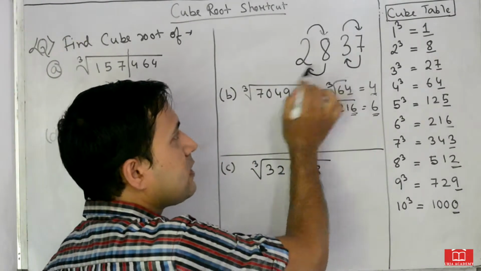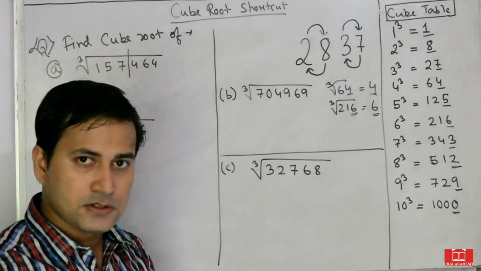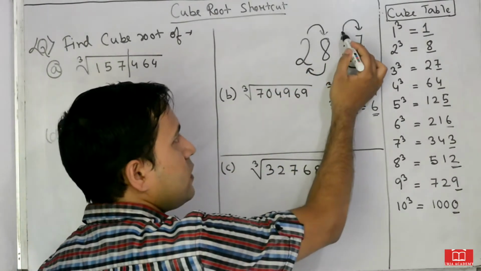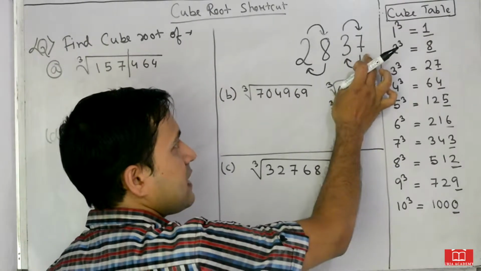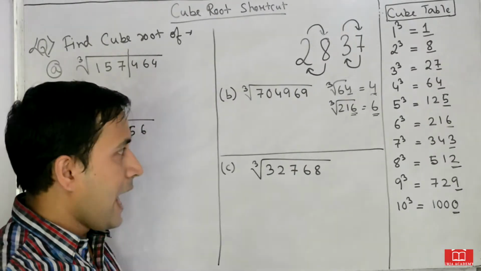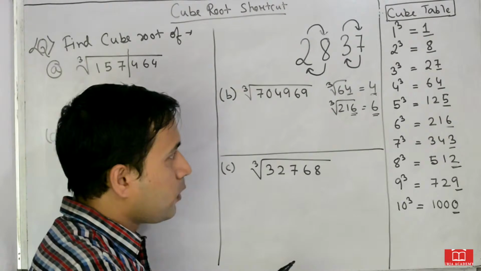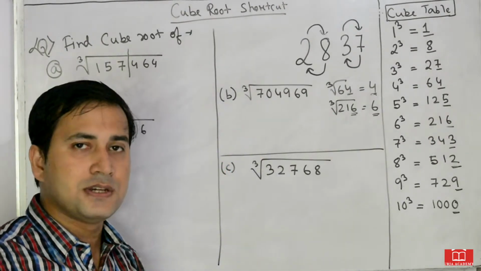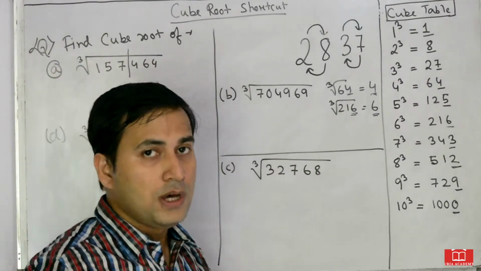If the ending digit is 8, we get the last digit of the answer as 2. If the ending digit is 3, we get the last digit of the answer as 7. And if the ending digit is 7, the last digit of the answer is 3. For all the other digits, the ending digit of the cube and the ending digit of the answer is the same. You will understand it better when we go to the problem.